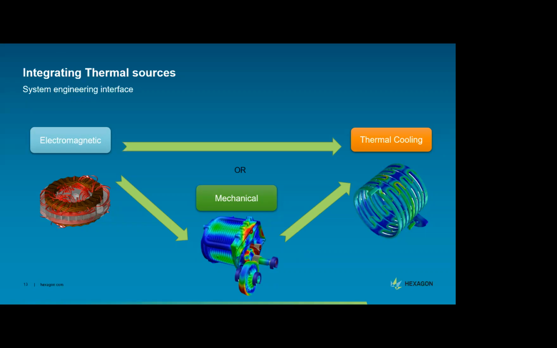If instead we want to be even more accurate, we can also integrate the mechanical losses by adding them after a calculation of the rotating parts made, for example, in Romax software. Either way, the final step will always be adding all these sources of information inside Cradle SC-Flow for the final thermal and fluid dynamic simulation. We'll see in more detail in the next slide how this works.